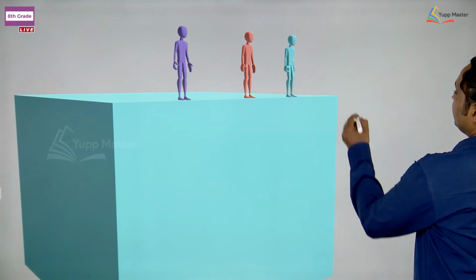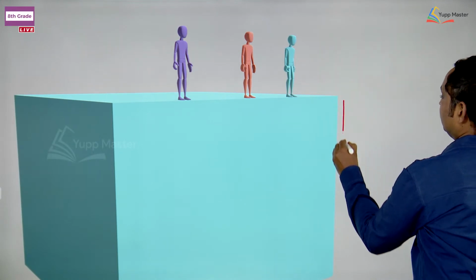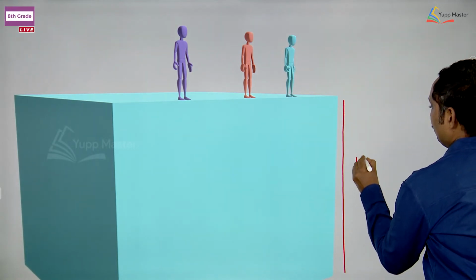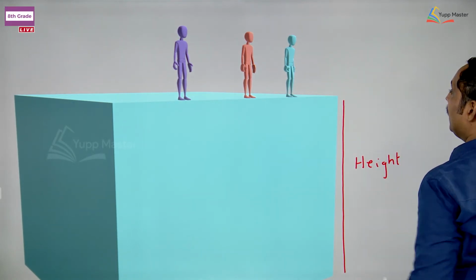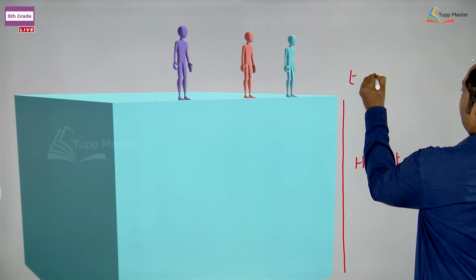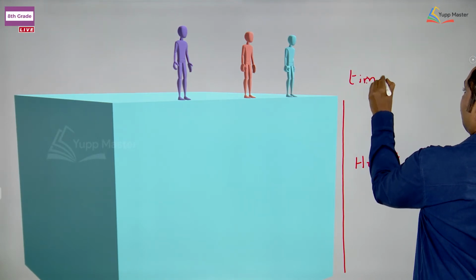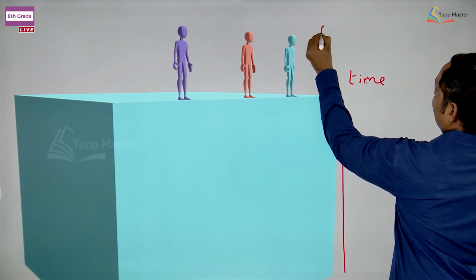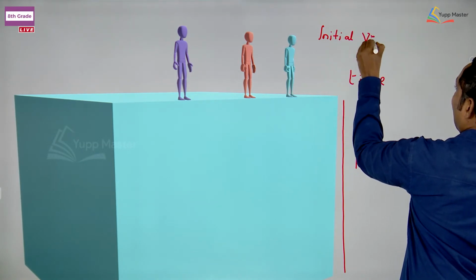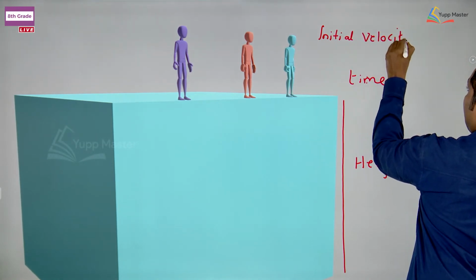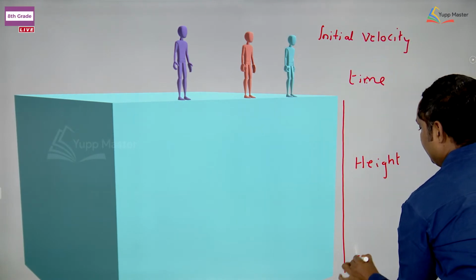At the time of measuring, you need to measure the height also. You need to take the height into consideration, and you need to get the time, and the initial velocity, and you can get the final velocity.